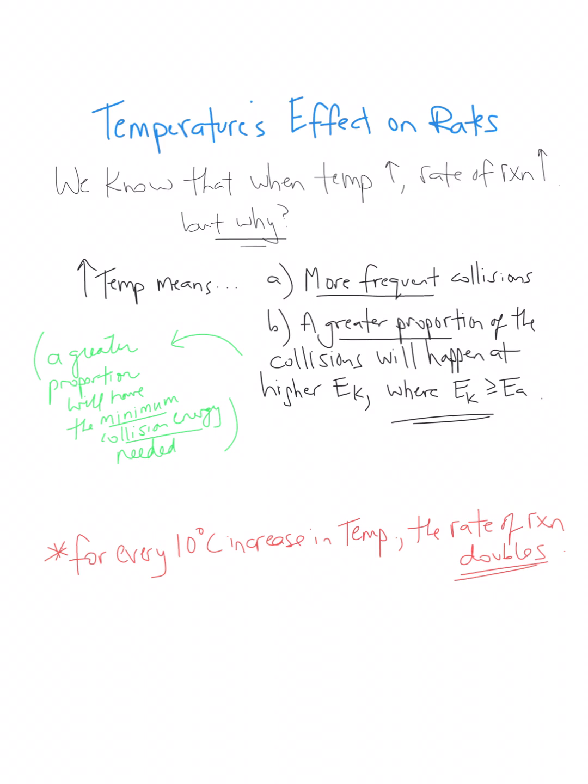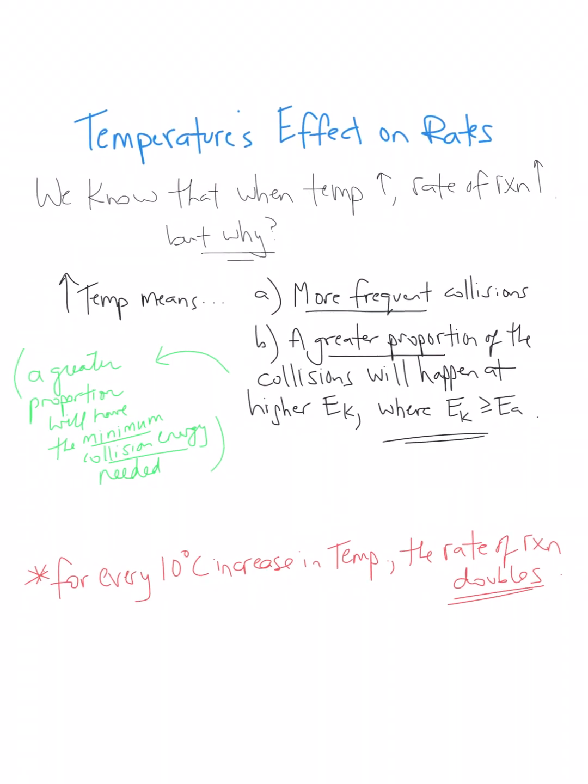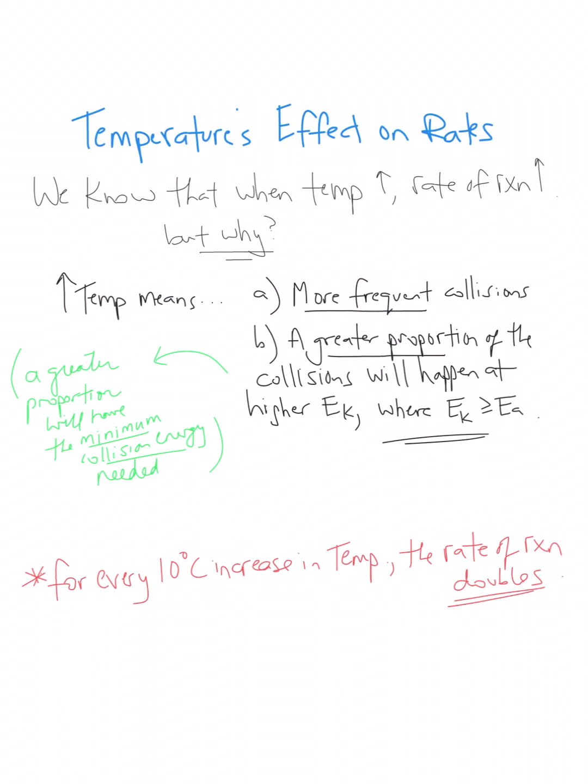The other factor that we can now better explain in terms of collision theory is temperature's effect on rate. So we already know that when temperature increases, the rate of reaction increases. Okay, but why is that? Well, applying collision theory, we can explain that there's two reasons behind this, or really two methods of efficacy for the temperature effect. One is that it's going to result in more frequent collisions between molecules.